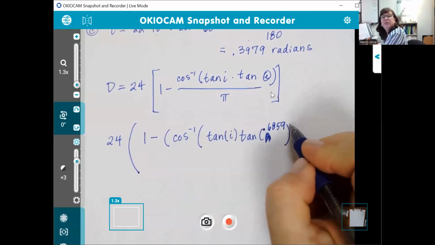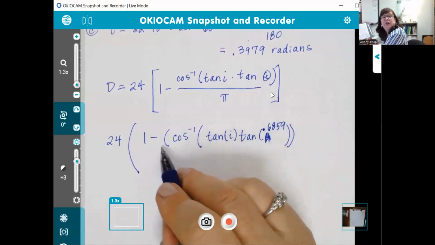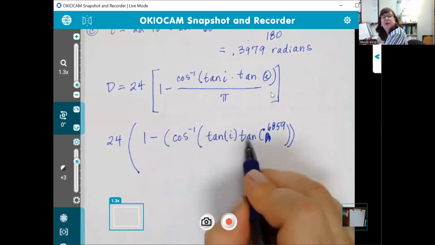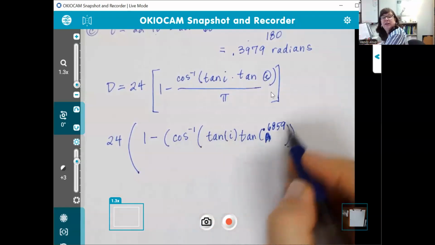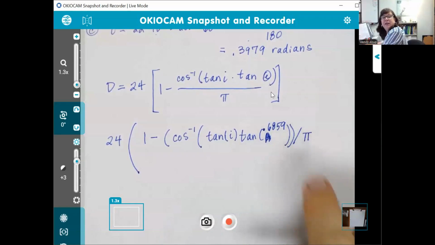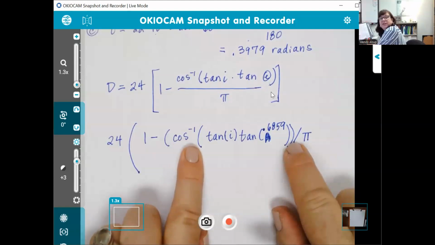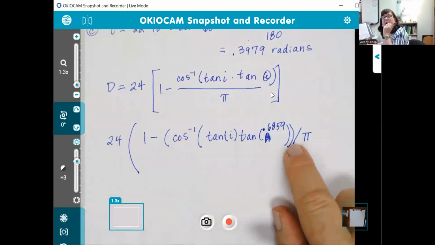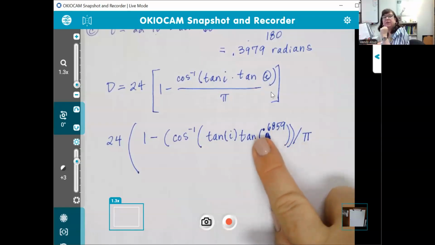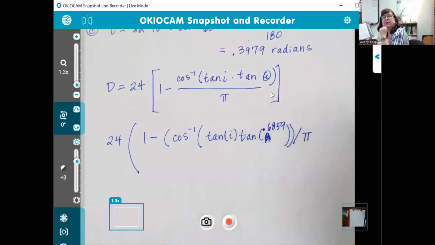I'm going to close that parentheses to close the entire inverse cosine. And then I'm going to divide that by pi. So that closed that parentheses, this one closed this parentheses, that one closed that one, and that one closed that one.